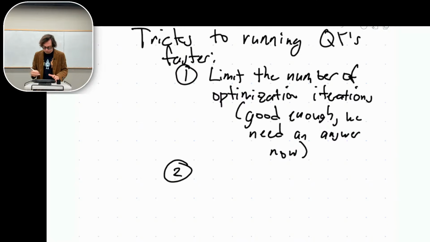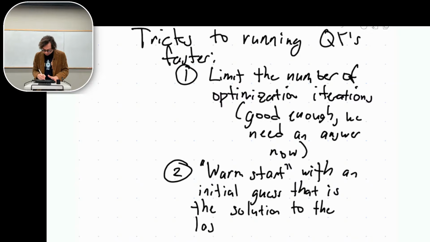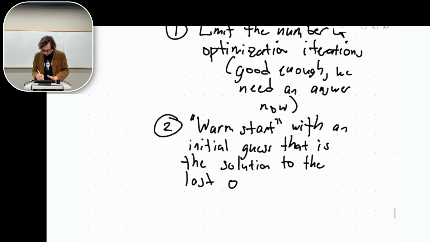We call that a warm start, with an initial guess that is the solution to the last optimization.